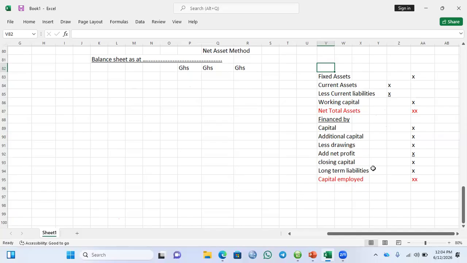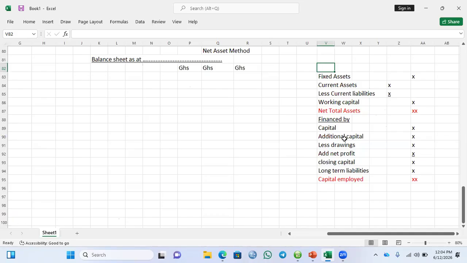So it gives you some form of space to do business. That's why normally we add it to the capital, that is, how much the owner has invested plus the long-term liability, because these two give us enough space to run the business. They are a long-term source of funding to run a business.